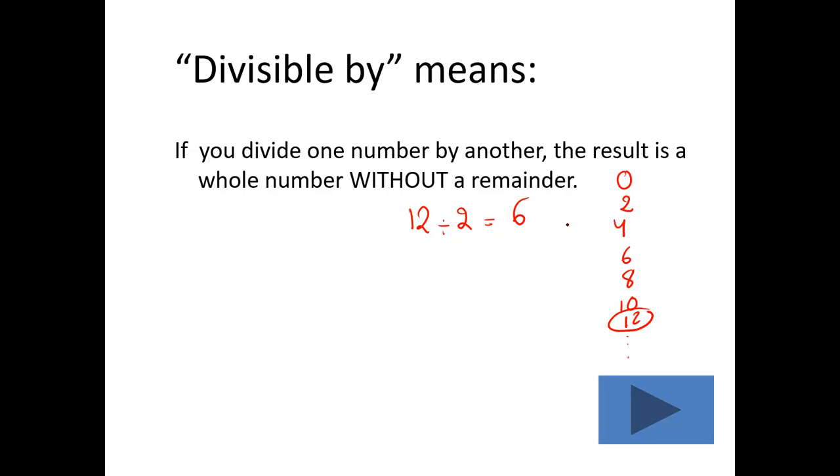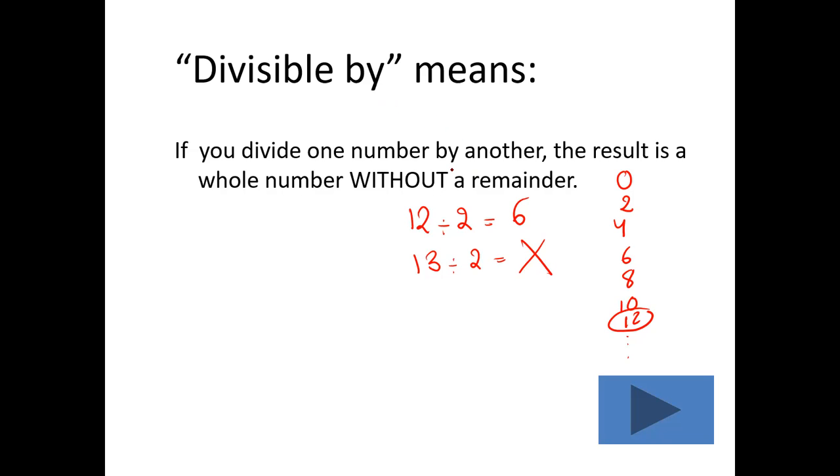So 12 is divisible by 2. But when I say 13 divided by 2, is 13 in table 2? No. So 13 is not in table 2, so it's not divisible by 2.